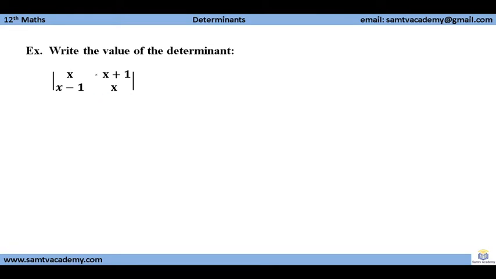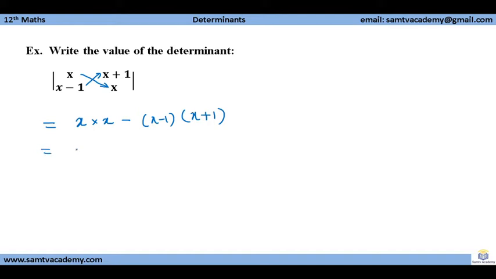In this also we have to find the value of the determinant, not the value of x. So you start with finding the value of the determinant. You will take this principal diagonal and this other diagonal. So it will come like this: x into x minus 1 into x plus 1.